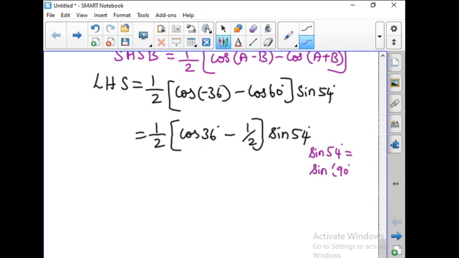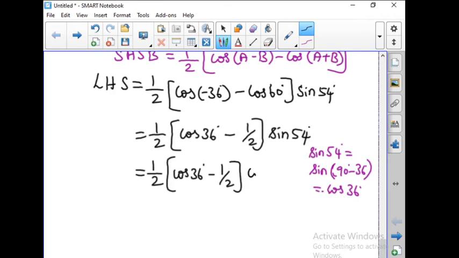So sin 90 minus 36 is nothing but cos 36. Okay, so I am going to change this sin 54 as cos 36. So 1 by 2 cos 36 minus 1 by 2 cos 36, that is how I have changed it.